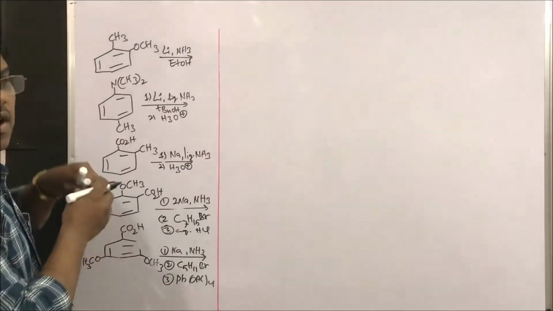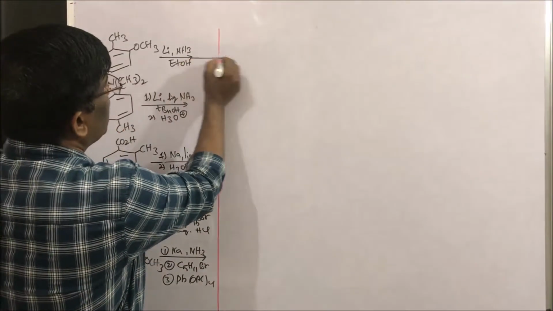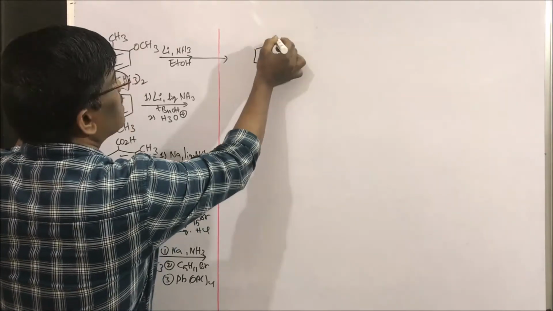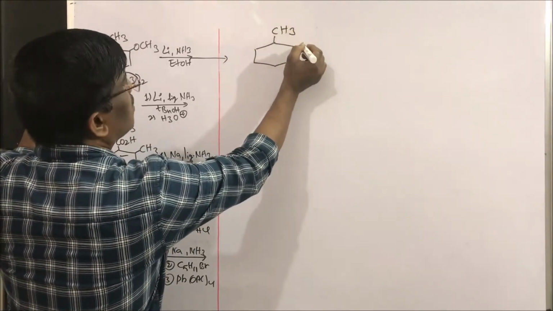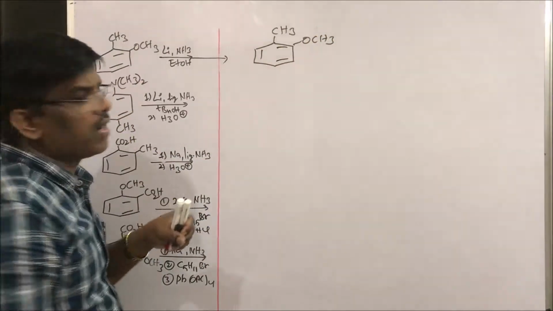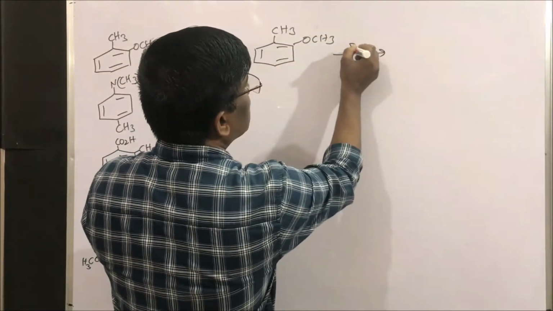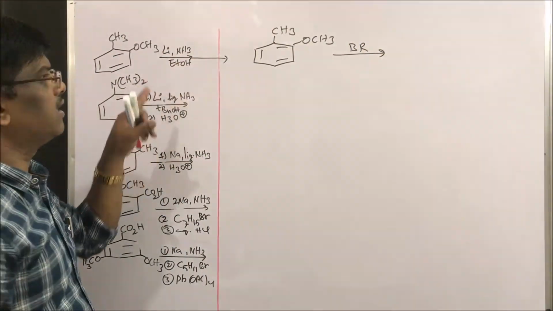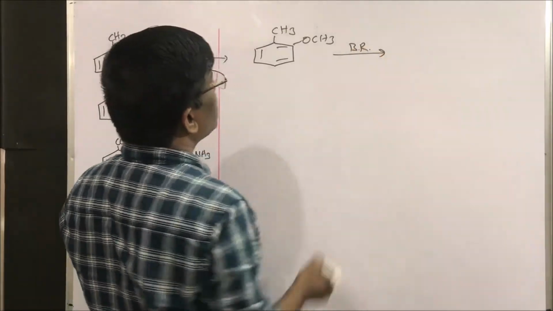Yes students, so what I said, whenever you have an electron withdrawing group, for example this compound, what is this? Methyl and OCH3, it is like this. So in Birch reduction, lithium followed by liquid ammonia and ethanol, what happens?